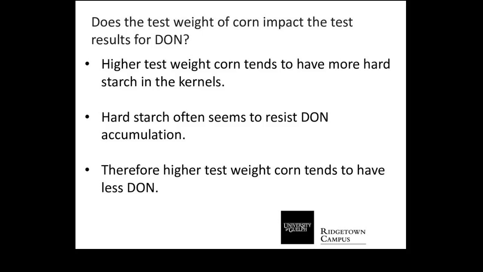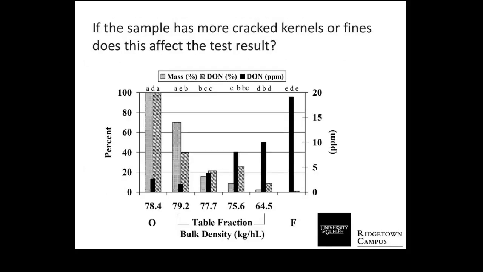And so therefore higher test weight corn tends to have less DON. However, the test weight really doesn't affect the result. Higher test weight tends to have lower DON, but the test performance is not affected by the test weight itself.